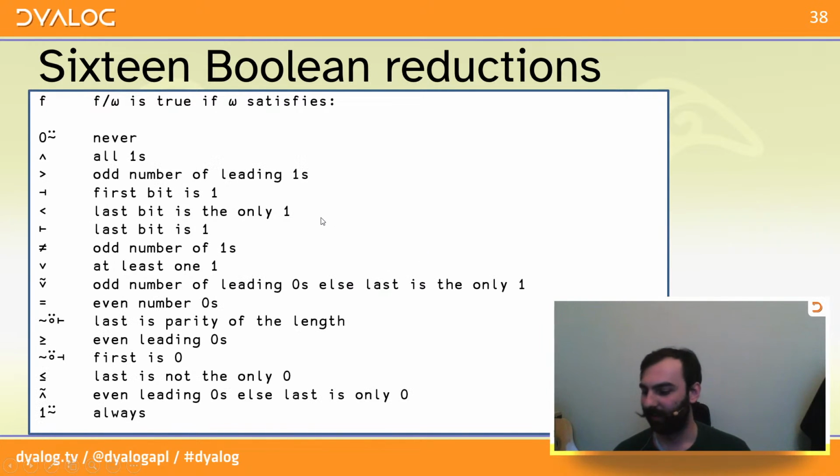I've been talking for almost 40 minutes about this stuff, so I'm not going to go through all of these individually. But if you are interested and if you like this topic, it's quite a fun exercise to go through these and try to think about, okay, if this is the property of a Boolean vector such that the reduction is true, then what does that mean about what the scan looks like?